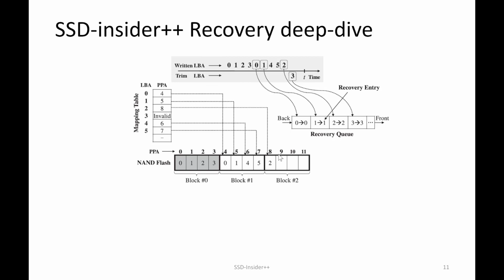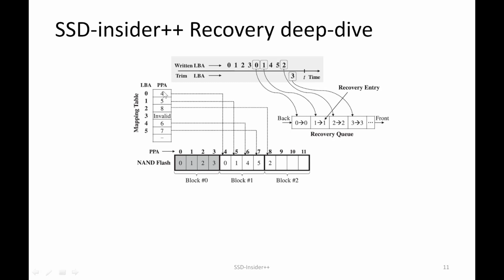Now for SSD-insider plus plus, what the authors have done is they have introduced a new structure, which is the recovery queue, right? So what it primarily does is it will note down all the changes in the logical block addresses, right? So because there was a write for 0, along with finding the new location to be written and updated in the mapping table, its earlier location is updated here.